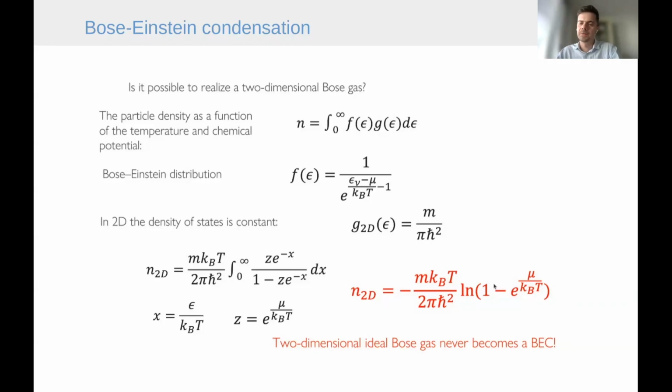So it means that for a given temperature, we can always change the chemical potential in such a way as to get any value of density as high as we want, because the logarithm is a diverging function at 0. So it means that this concept does not work in 2D. We will never have Bose-Einstein condensation in the two-dimensional case.